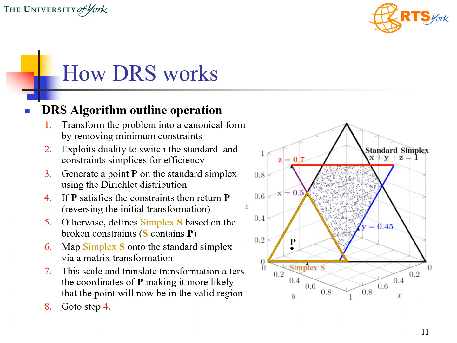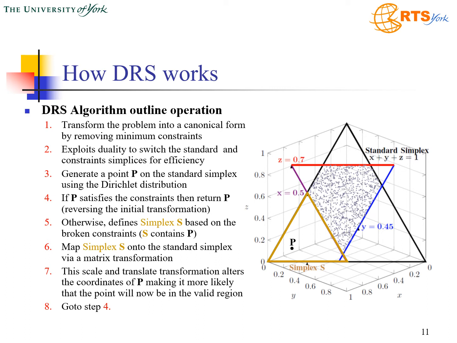So let's see in outline how the DRS algorithm works. First of all, it transforms the problem into a canonical form where the required utilization is 1 and all of the minimum constraints are 0. It exploits duality to switch between the standard and constraint simplices for efficiency.